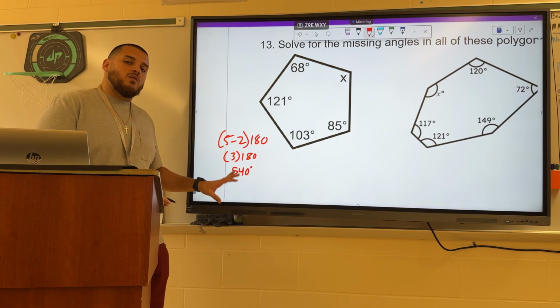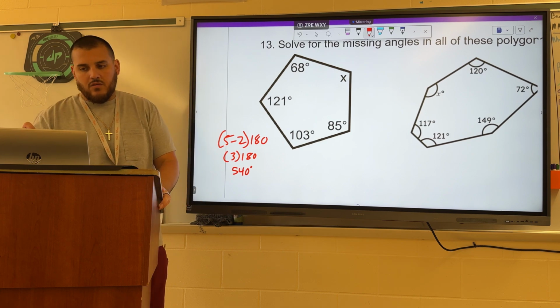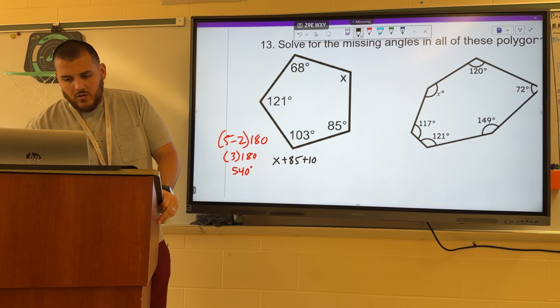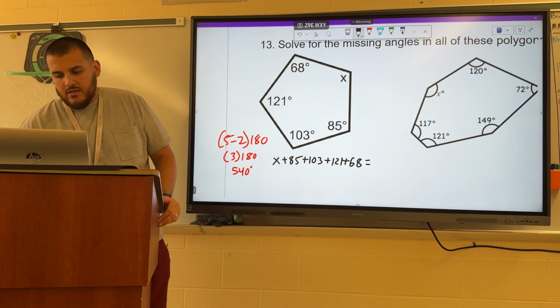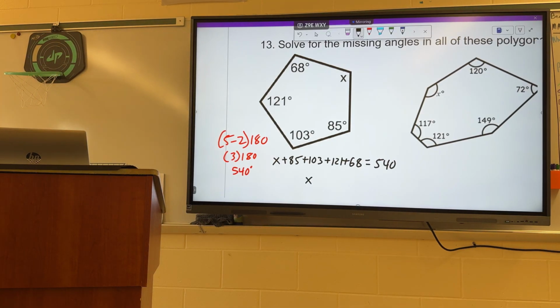That's not the answer to the question. That's what all of these have to add up to. They have to add up to 540. So what we can do from there is just algebra. x plus 85 plus 103 plus 121 plus 68, all those angles have to add up to 540 degrees. Let me get a calculator here really quick to combine all of these like terms.